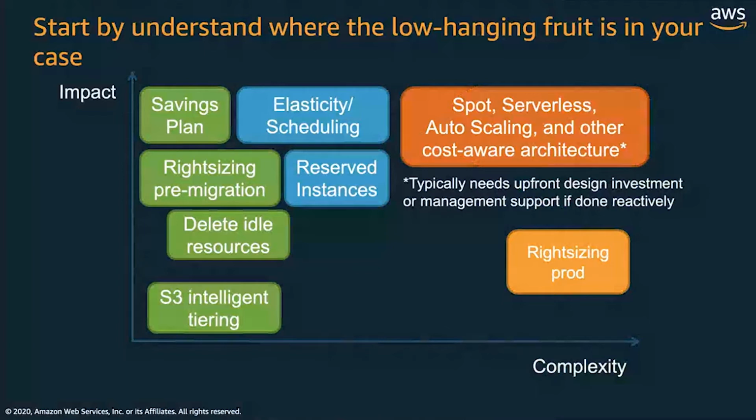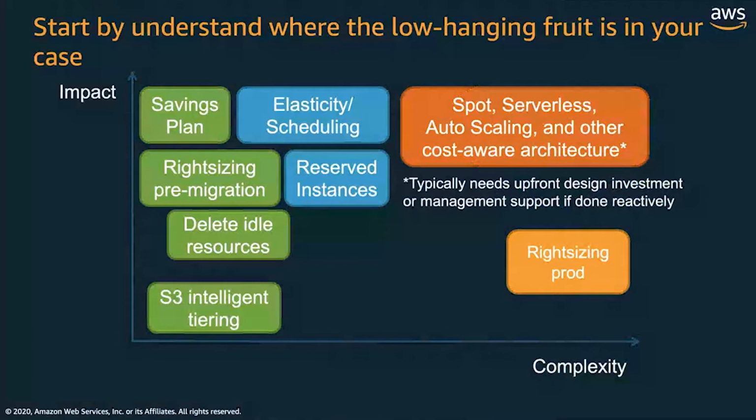If you look at the top right-hand corner here, if you move away from a more traditional virtual machine-based architecture to a serverless architecture, for instance, it is a much more cost-effective way of consuming cloud resources. So you might, for instance, move away from using compute on EC2 instances to using Lambdas, where you're just essentially hosting a function. But that can sometimes involve refactoring applications and doing a fundamental redesign. But it will have a big impact on cost. But there are other things.